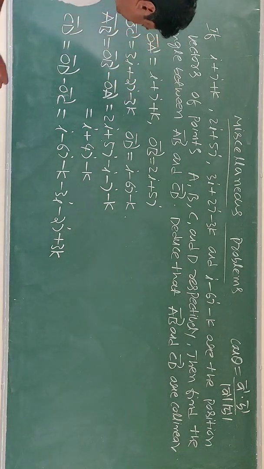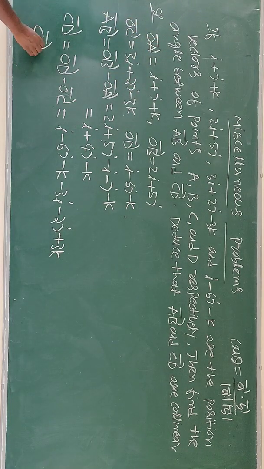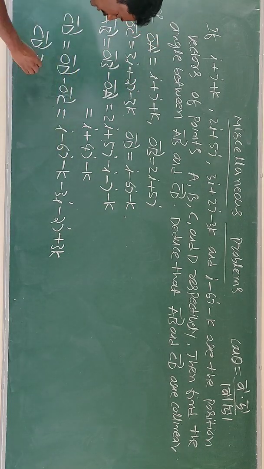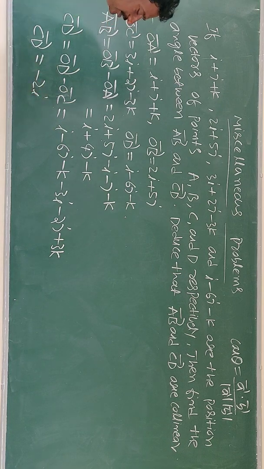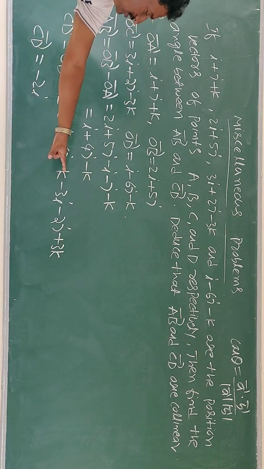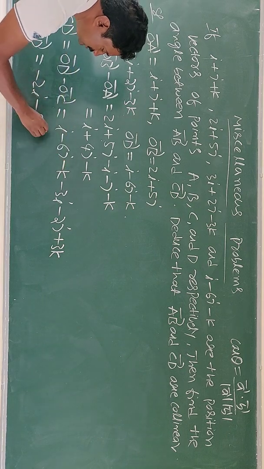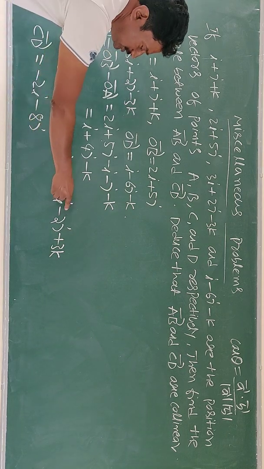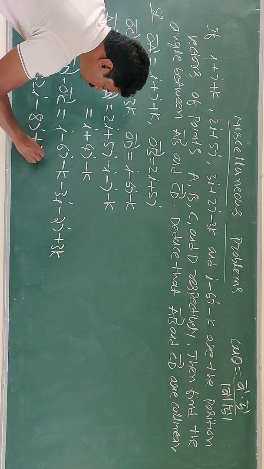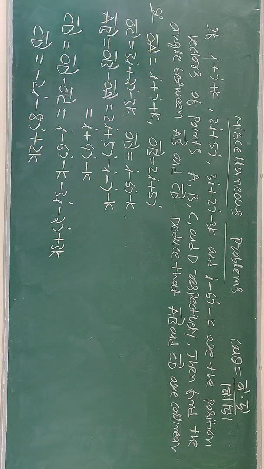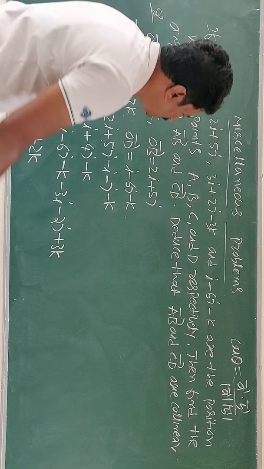Tell me vector CD. i minus 3i is minus 2i. Minus 6j minus 2j is minus 8j. Minus 3k minus k is plus 2k. Now you find the angle between AB and CD.